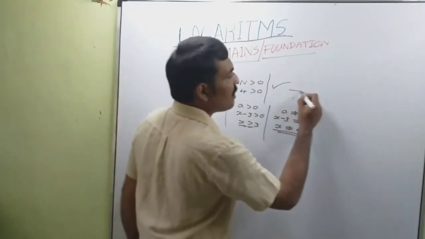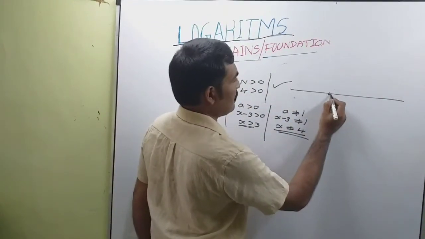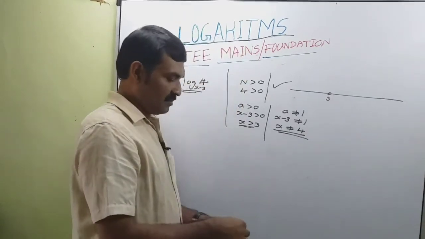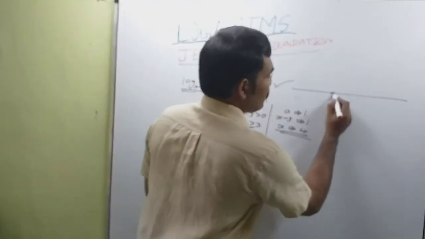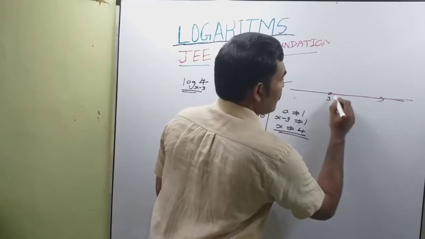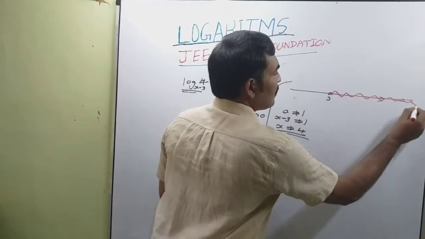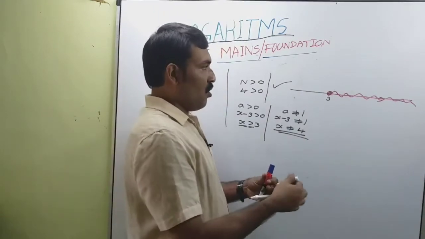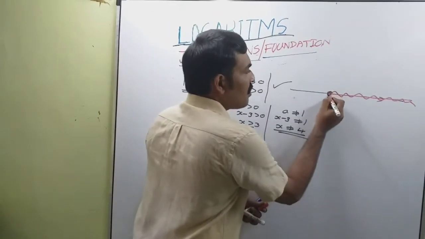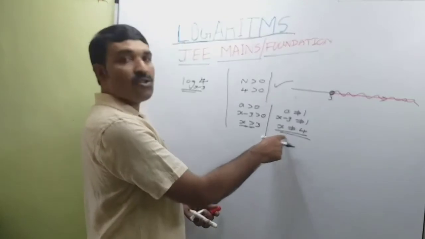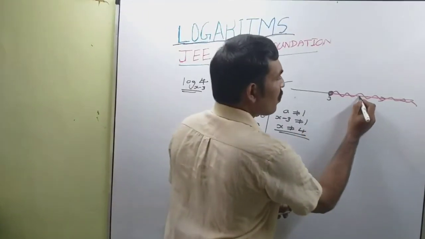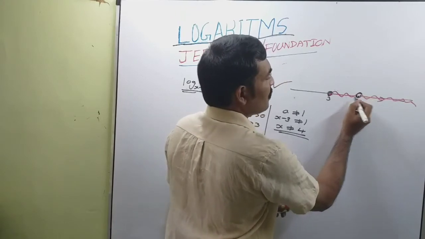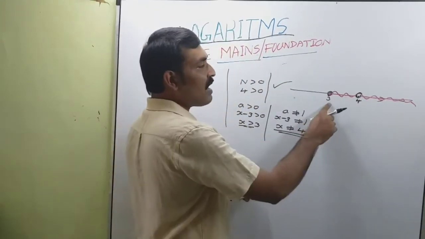So on the number line we can mark this as 3. So x greater than 3 means this region. This region is x greater than 3. 3 is not included, there is an open bracket. Now x is not equal to 4. Now mark 4 here. So x equal to 4 is also not included. So this is the value of x.